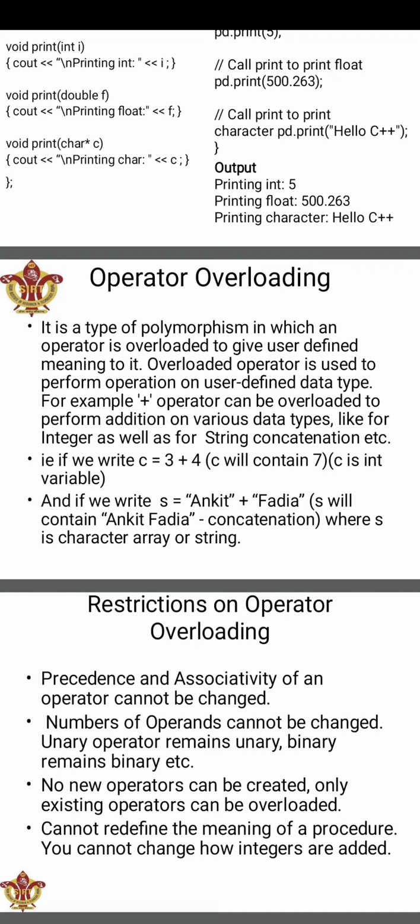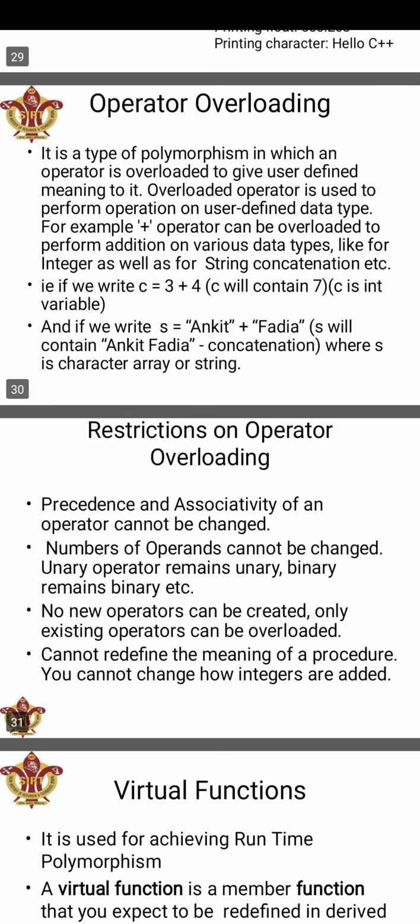Anything can be overloaded by following that procedure. So suppose we have overloaded the plus operator, then it will be able to concatenate the strings. If we are passing two strings to the plus operator, then it will concatenate them, and if we are passing numeric values, then it will simply add them. This is an example of operator overloading, where we are overloading the plus operator.